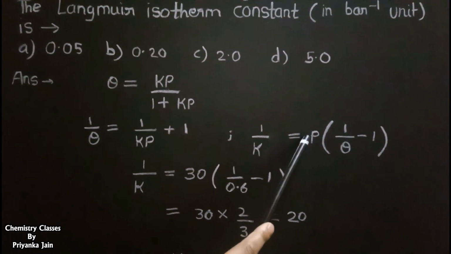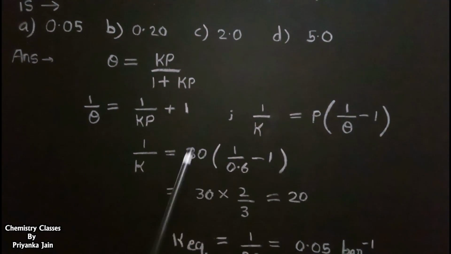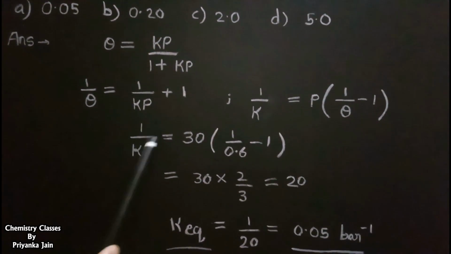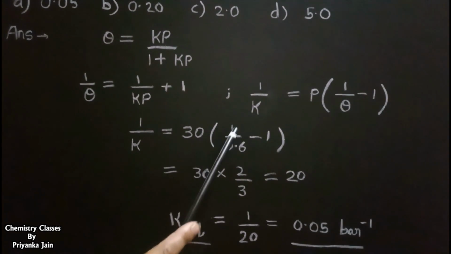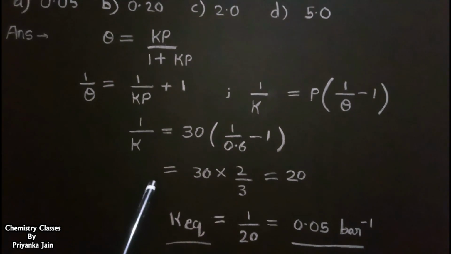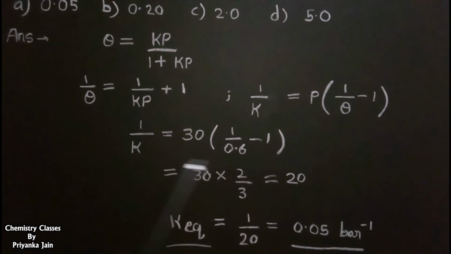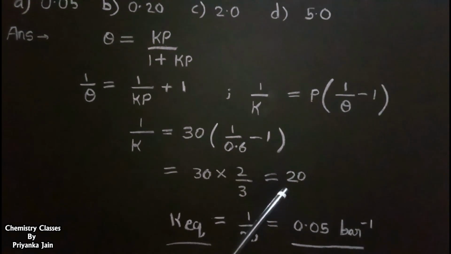We have been given the pressure's value 30 and the value of theta, that is 0.6. We will put these values, so that 1 upon K is equal to 30 times (1 divided by 0.6 minus 1). So we can write 30 times 2 by 3 is equal to 20. It means the value of 1 by K is 20.